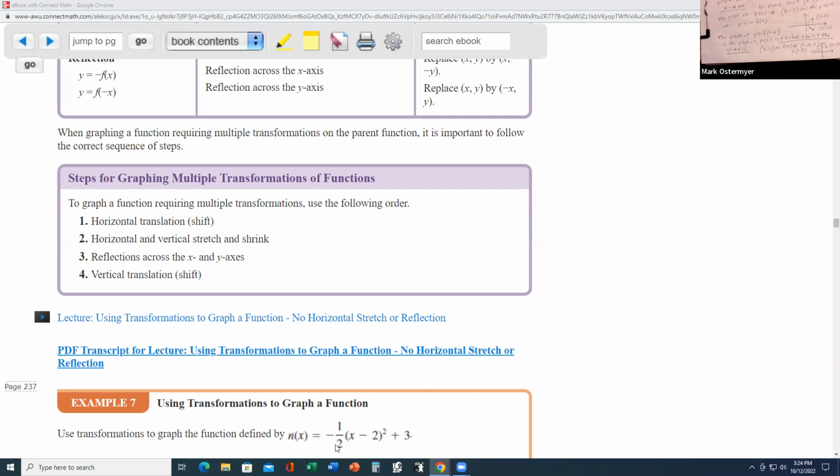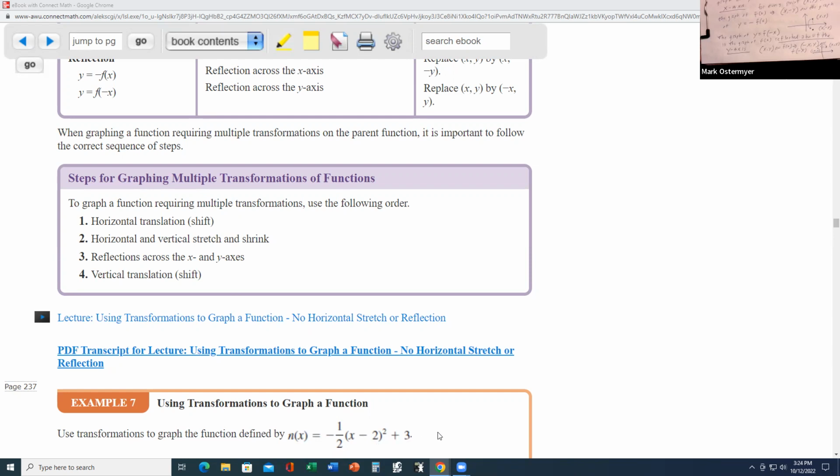Anybody? Was it the basic linear function f of x equals x? Yeah, it was your basic quadratic function, f of x equals x squared. And then they've taken that basic parent function, f of x equals x squared, and they built it up into this complicated function, n of x, which is still a quadratic function, don't get me wrong.